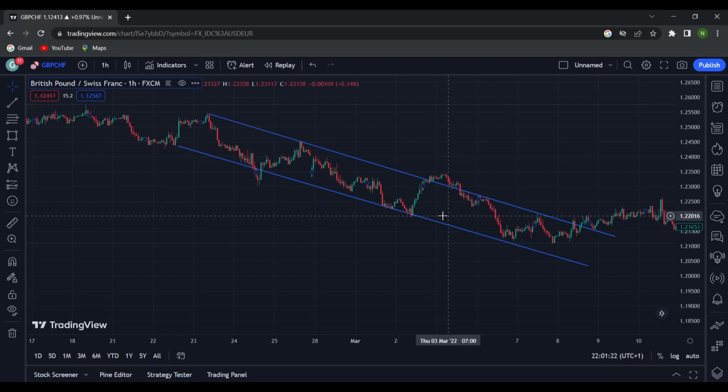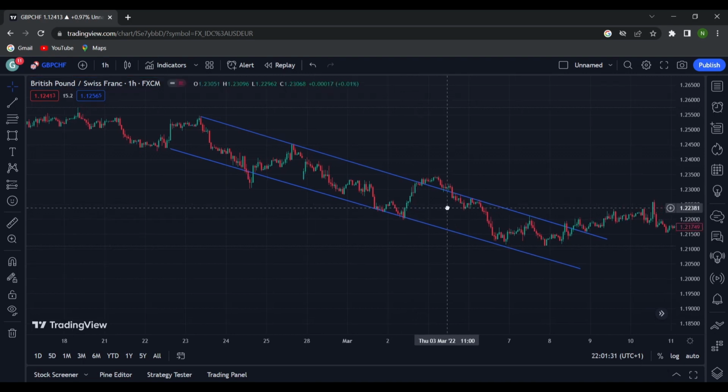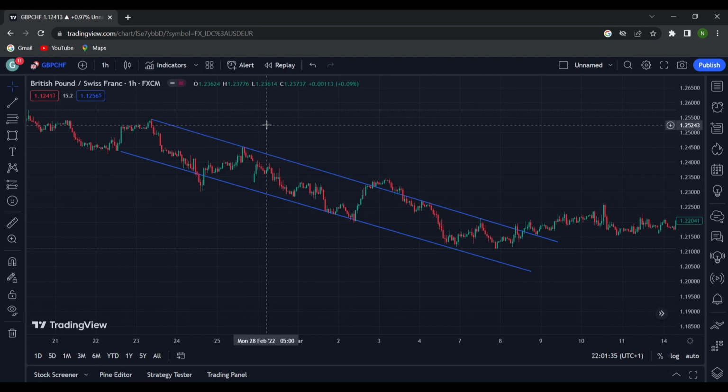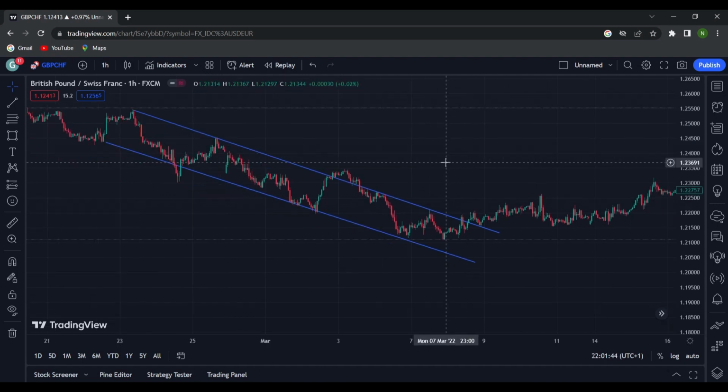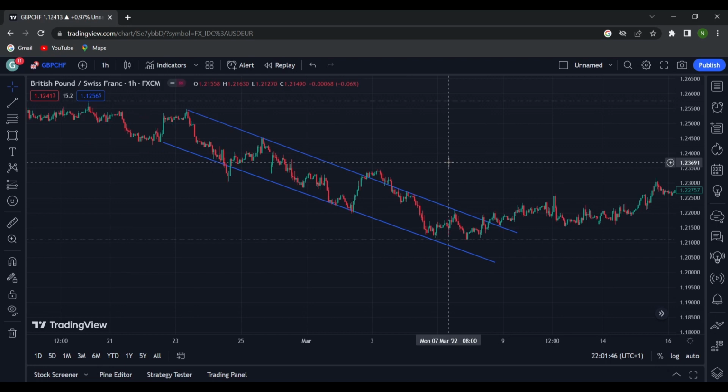But as a beginner, I would never trade off of, let's say, the lower lows in a downtrend or the higher highs in an uptrend, because I will be counter trading. I will only take trades that go with the trend. So in a downtrend, you will be selling. In an uptrend, you will be buying. So that is one thing to keep in mind.